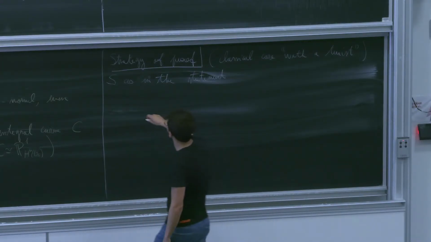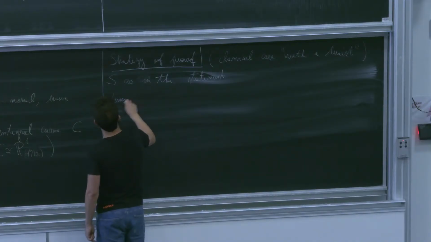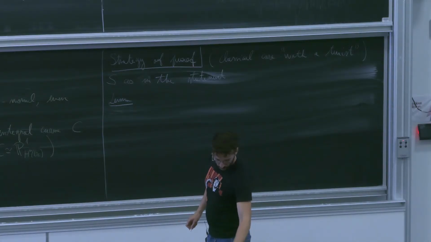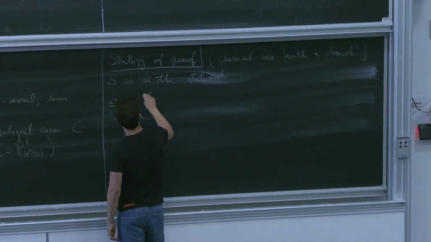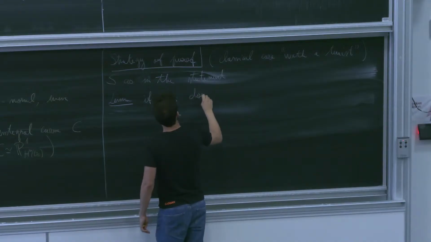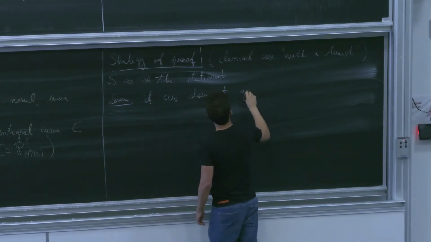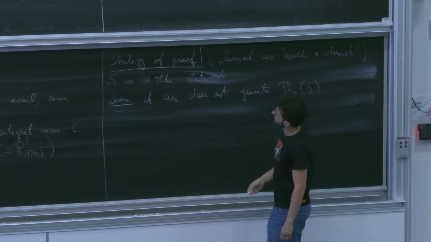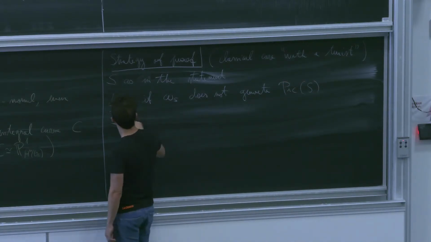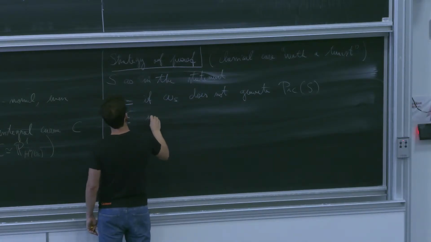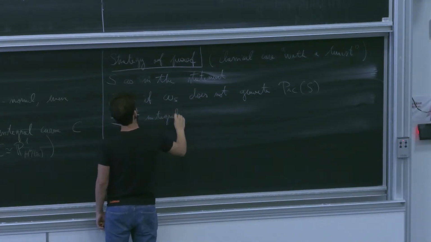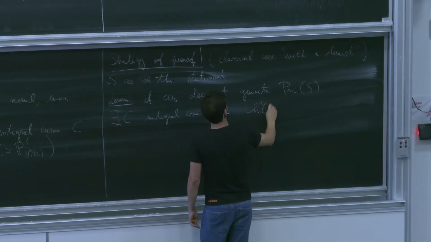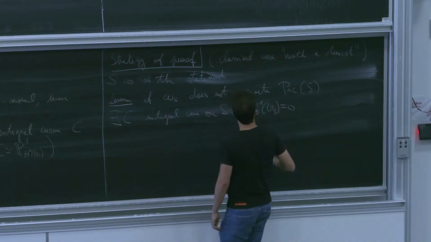This is the key lemma. This is very classical, it's not ours at all. So if omega S does not generate the Picard group of S, there exists an integral curve C on S with H^1 equal to 0.